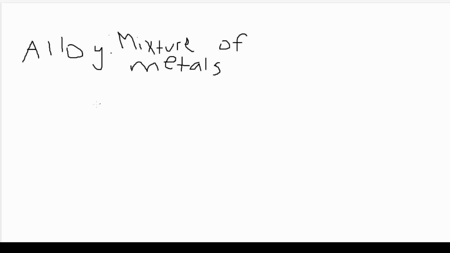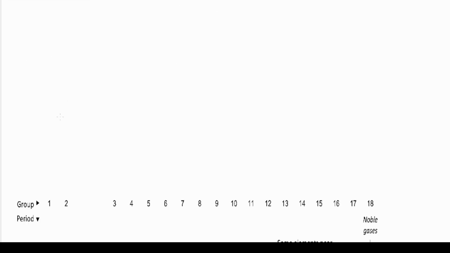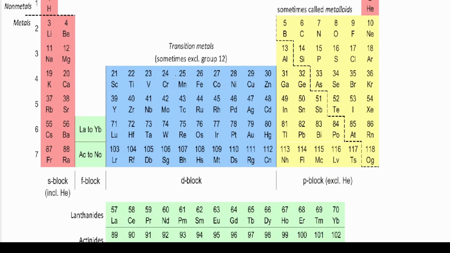A really good example of this is brass. Brass is a combination of copper, which is Cu, and zinc, Zn. Brass is probably one of the most famous examples, because if you are a musician, brass is what's used to create the brass instruments. It's in the name.